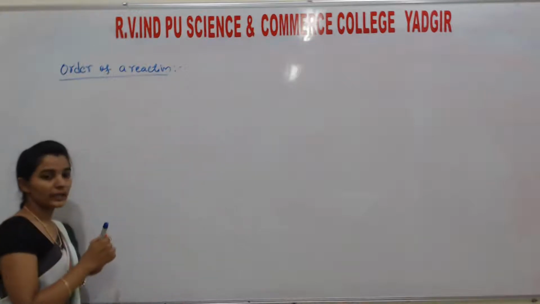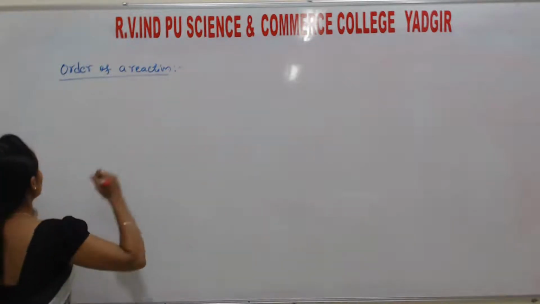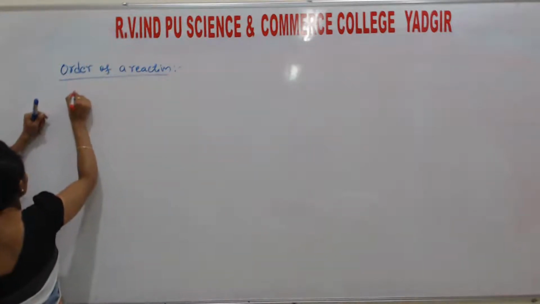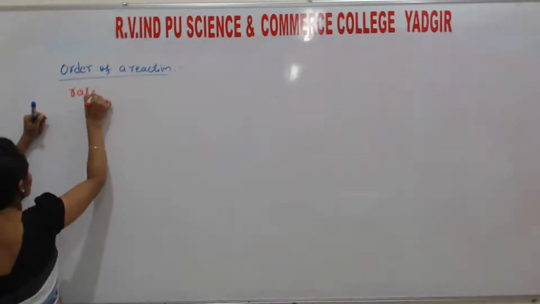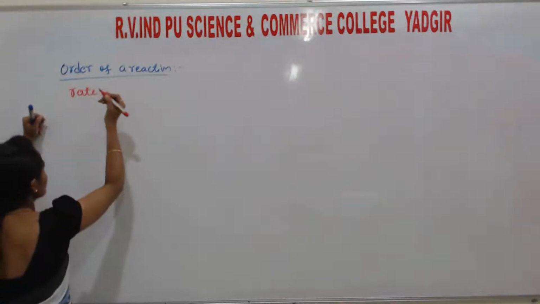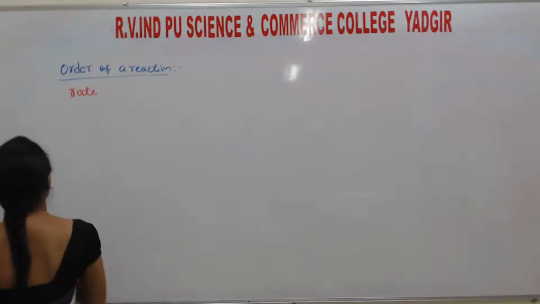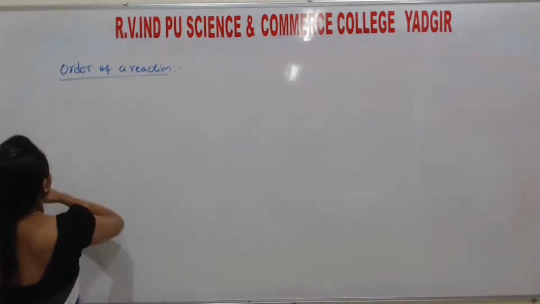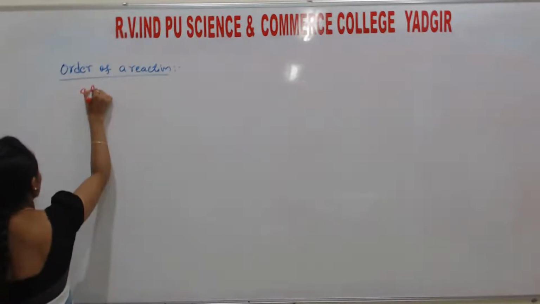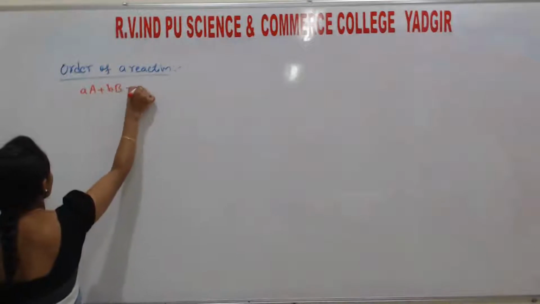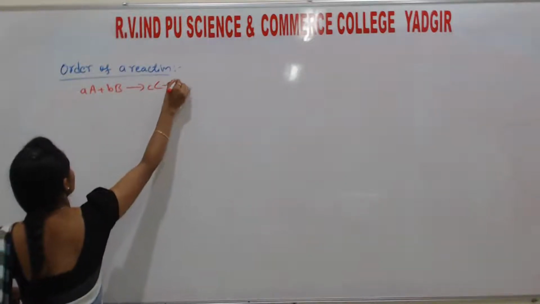So students, consider here the rate law equation, that is rate, consider the equation aA plus bB gives rise to cC plus dD.